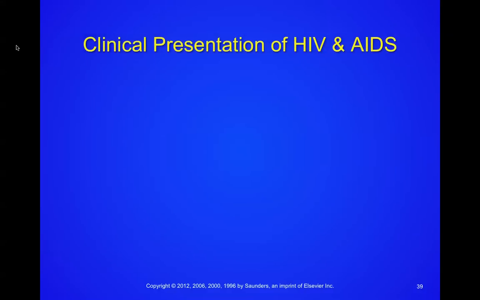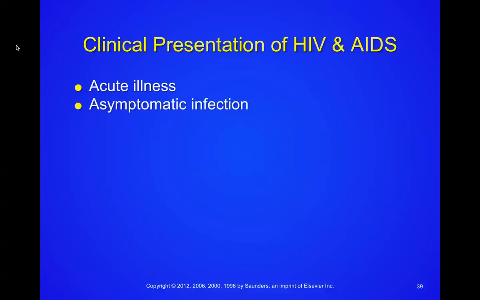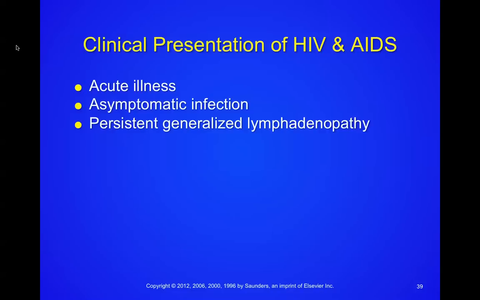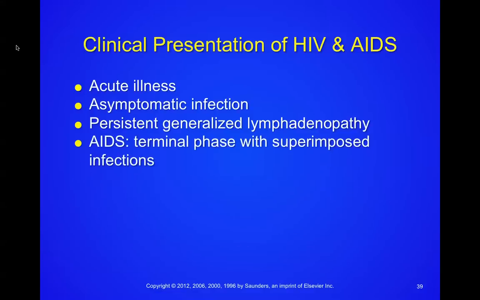Once infected with HIV, there are 4 recognized phases of the disease process. There's the early phase of acute illness, which only occurs in about 50% of cases, and chronic phases of asymptomatic infection, which may or may not be accompanied by a phase of persistent generalized lymphadenopathy. The crisis or terminal phase of AIDS is characterized by superimposed infections and complications.